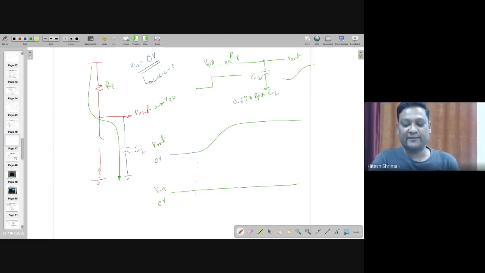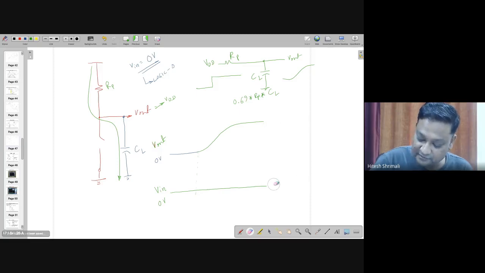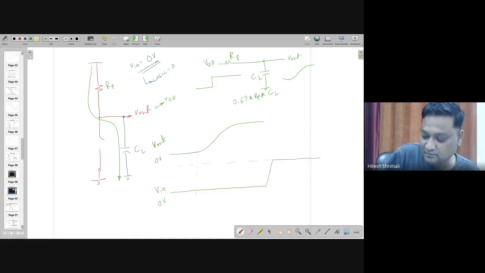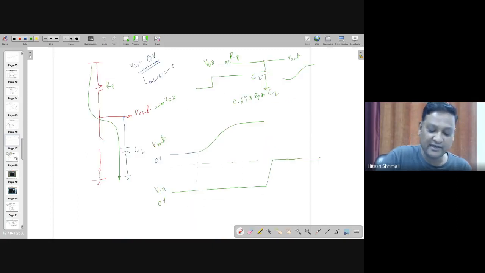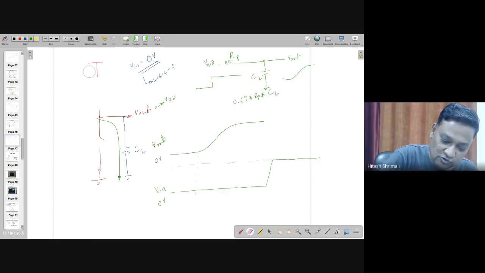That's the propagation time for Vin going from 1 to 0. But if we move further, when the input becomes 0 to 1, then the first case applies, where PMOS becomes off and NMOS becomes a resistance. So what is going to happen?